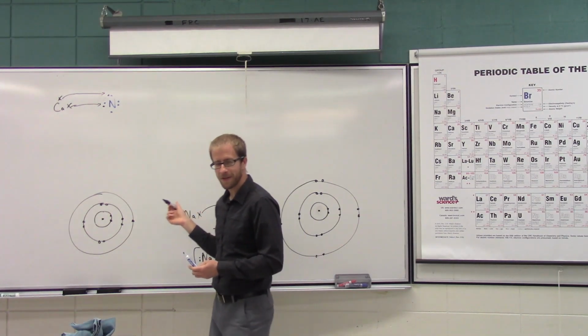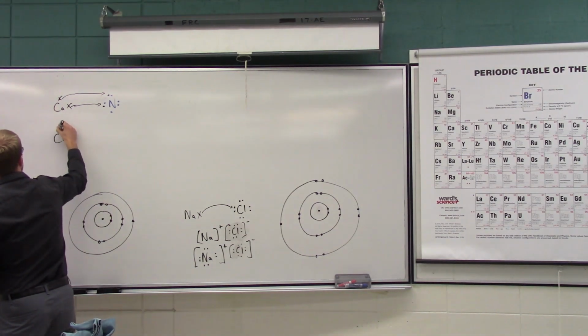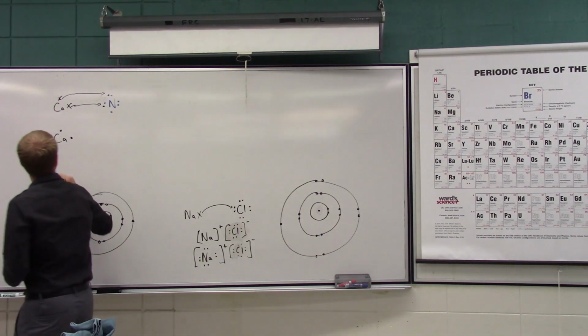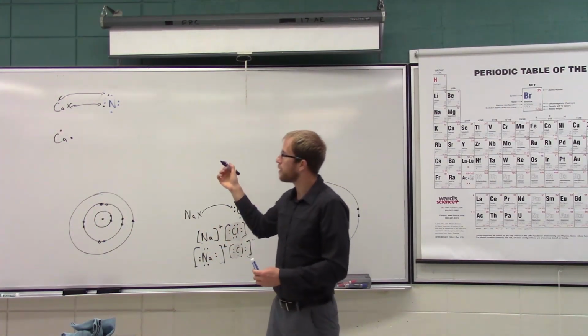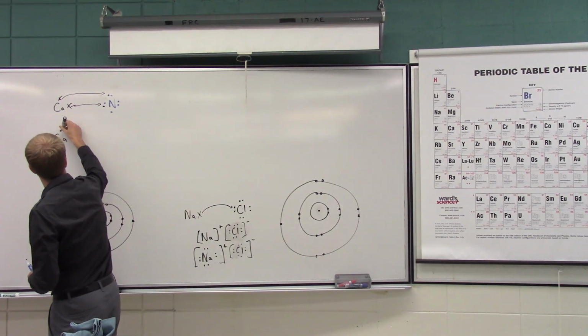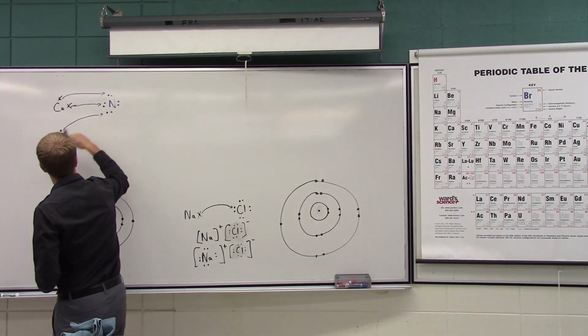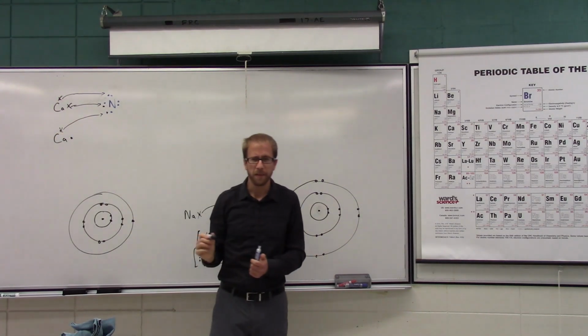Ooh, let's see, you didn't watch the video yesterday. That's okay. We're going to add another calcium. So our nitrogen's not happy, right? We need another electron, so let's add another calcium to the mix. So this calcium, same thing, it wants to lose those 2 outer electrons. So it's lost 1 now. Is this nitrogen now happy?